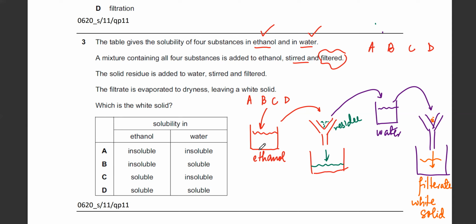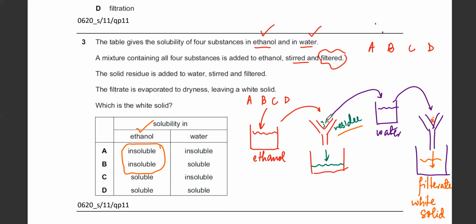Some of them would mix, some of them will not mix. If they don't mix, they're going to remain in the residue over here. If they're mixed, they're going to pass right through it. So he's taking the residue. Is this substance soluble in ethanol or insoluble in ethanol? Insoluble. Okay, so it's going to be insoluble, right?